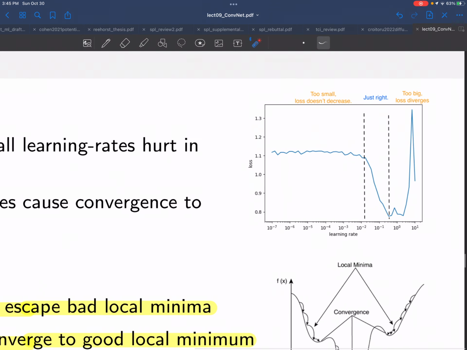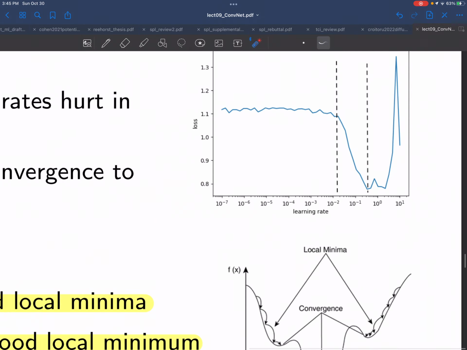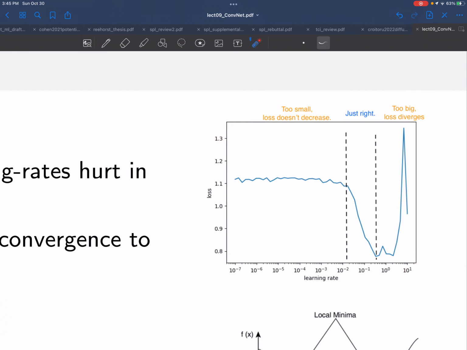Here's another picture, related to that learning rate range test. This shows, after a fixed number of initial iterations, what the loss is as a function of the learning rate you used. If you use really small learning rates, you can see the loss doesn't really change very much. But then there's a range of good learning rates where the loss goes down roughly linearly with the learning rate. That's where we want to be.